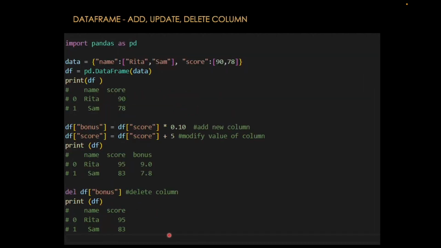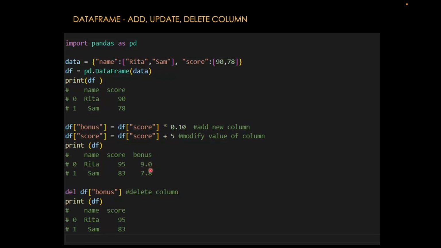We can add, update and delete columns in our data frame. Let's define a data frame. These commands are the same as we defined earlier. Now to add a new column, let's say bonus, we give bonus and then any value. We can specify it in a list also, or we can specify a condition like score into 0.1. What this statement will do is add a bonus column with 10% of the score value.